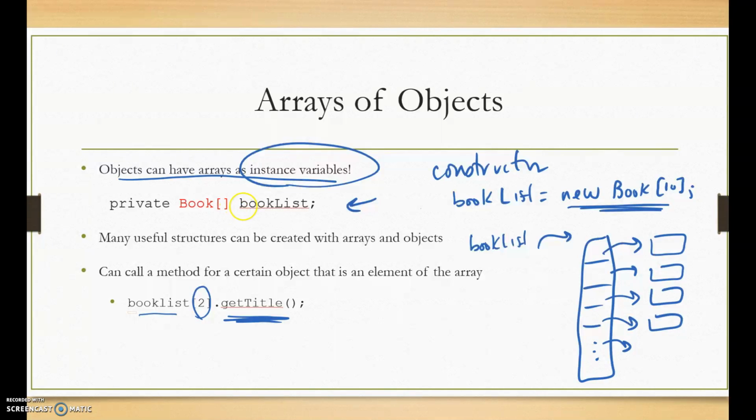If I use the name of the array, I'm essentially referring to the whole list of book objects. If I give a specific entry in the bookList array, then I can call a specific method on that specific object. I know it's kind of confusing.